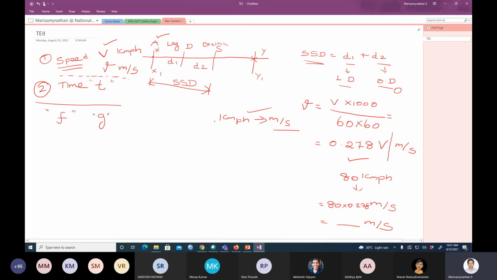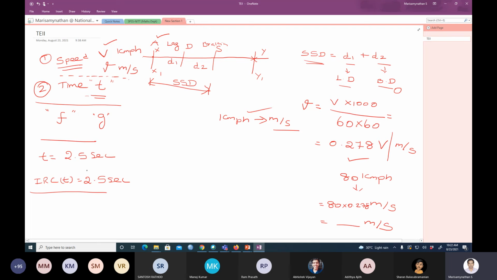Okay, then another parameter, as I told, is the time. Basically the time is nothing but the reaction time in this stopping sight distance. The reaction time we assume as per IRC is 2.5 seconds. So IRC proposes the time as 2.5 seconds, which we use further in the equation. Most of the problems won't give a value for the reaction time.